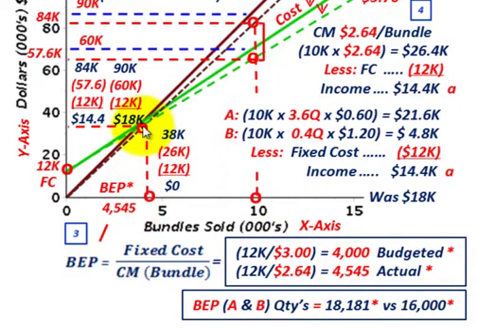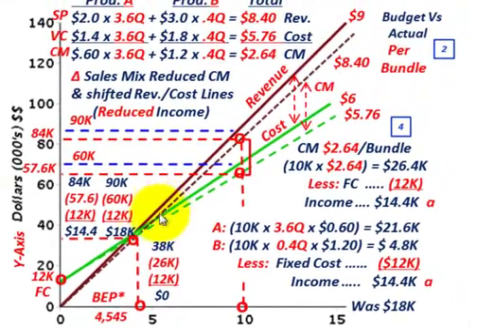And if you want to look at it in terms of our graph and these curves, in revenues at that break-even point we'd have 38,000. That would simply be 4,545 times, and I've got everything rounded off, $8.40 per bundle. That's going to round off to about 38,000. And then we have to subtract out our cost.